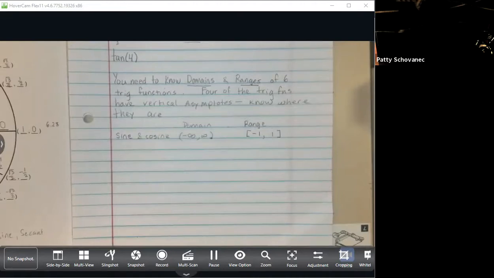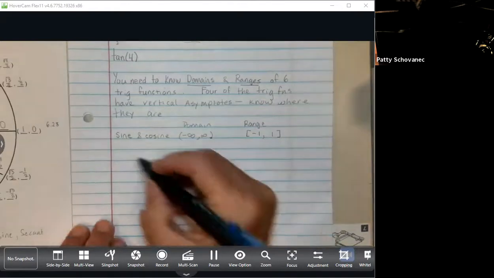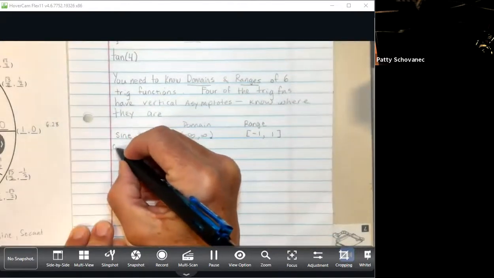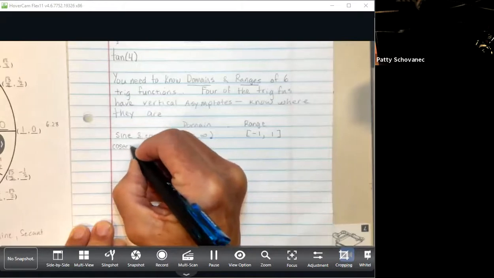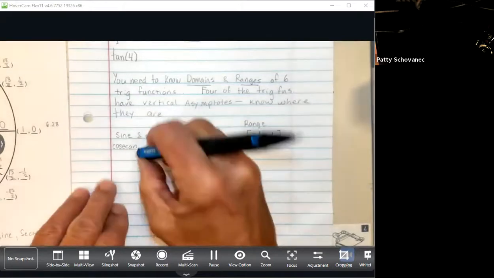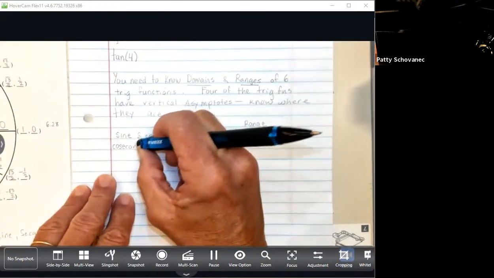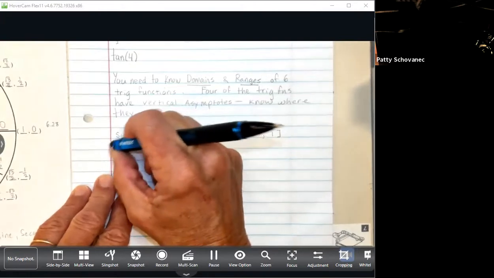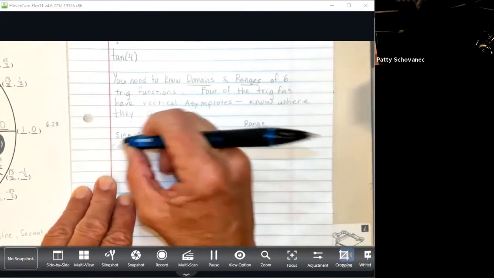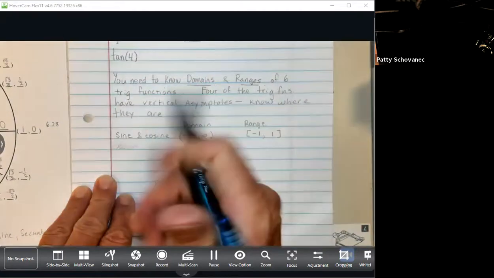Which trig functions have a sine in the denominator? Cotangent and cosecant.